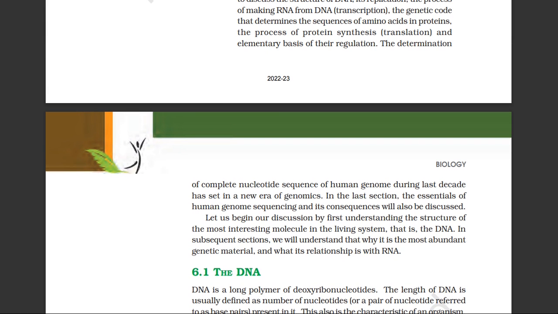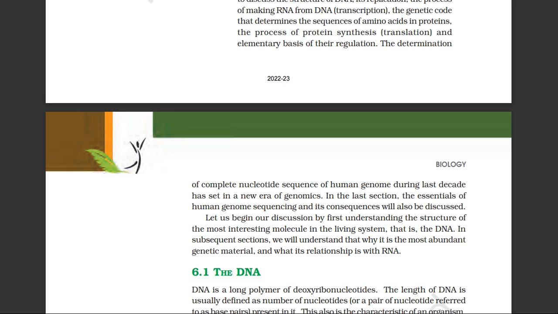The determination of complete nucleotide sequence of human genome during the last decade has set in a new era of genomics. In the last section, the essentials of human genome sequencing and its consequences will also be discussed.